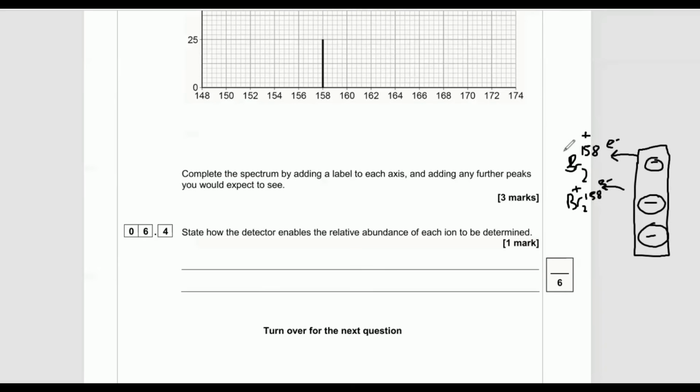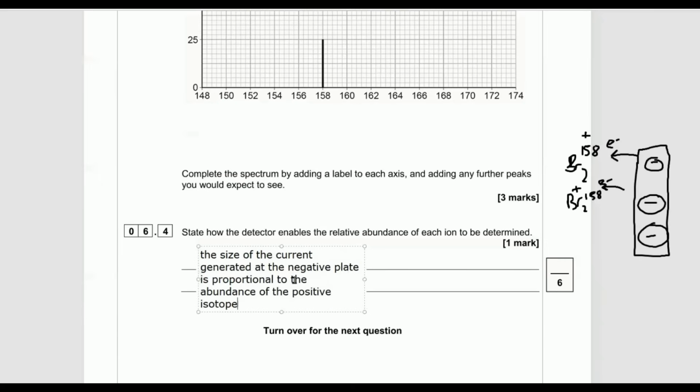Of course, bromine 160 or bromine 162, the heavier versions of these isotopes, are going to arrive later. So state how the detector enables the relative abundance of each ion to be determined. The size of the current generated at the negative plate is proportional to the abundance of the positive isotope. So basically, yeah, you get the idea.